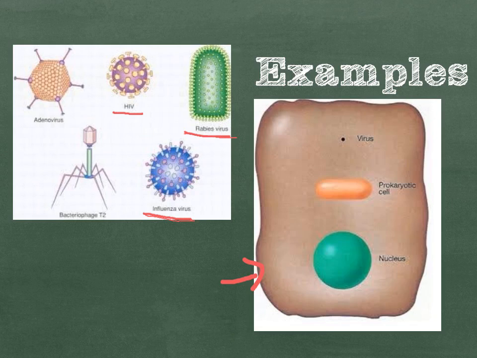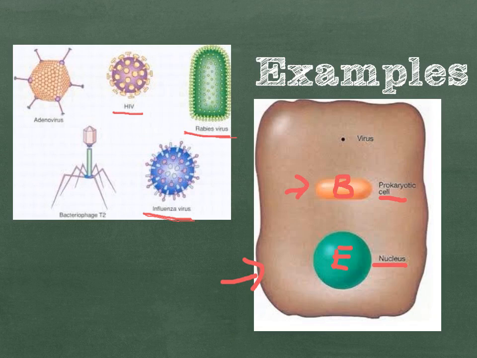Remember, eukaryotic cells are characterized because they have a nucleus. Now, this structure over here is a prokaryotic cell. We compare the size of a prokaryotic cell with a eukaryotic cell, and it is just smaller. Remember, prokaryotic cells are the ones that form bacteria.